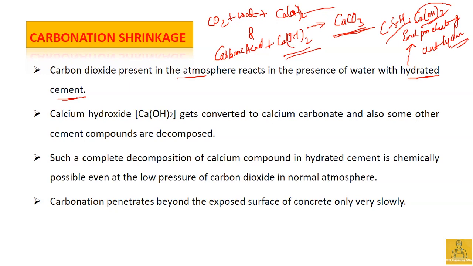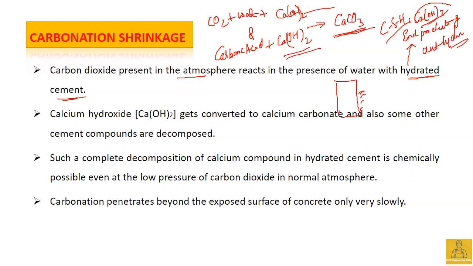This is the shrinkage seen in the concrete during the process of carbonation, the reaction of the concrete with carbon dioxide. See, carbonation proceeds from the surface of the concrete outward. For example, if you take this as a column, from the outward towards the inward. But it happens very slowly. It takes days.